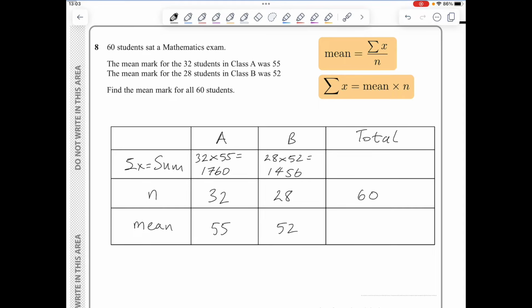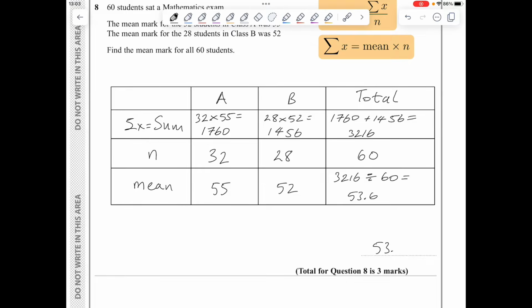So the sum for all 60 students is 1,760 plus 1,456, and this gives me 3,216. Therefore, the mean for all 60 students is 3,216 divided by 60. This comes out to be 53.6, and that is my final answer.